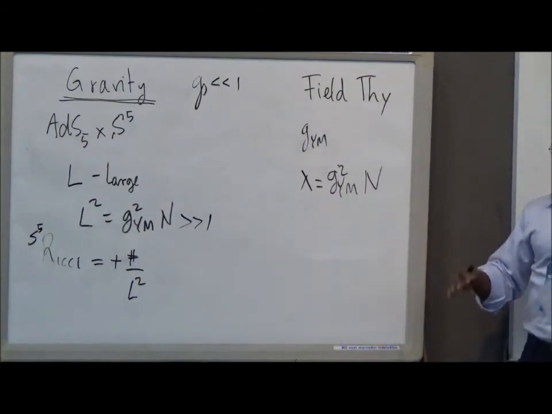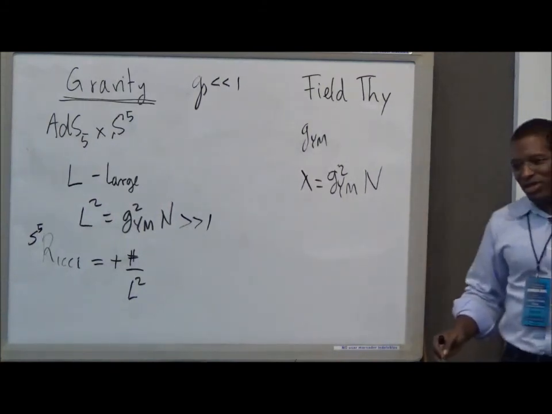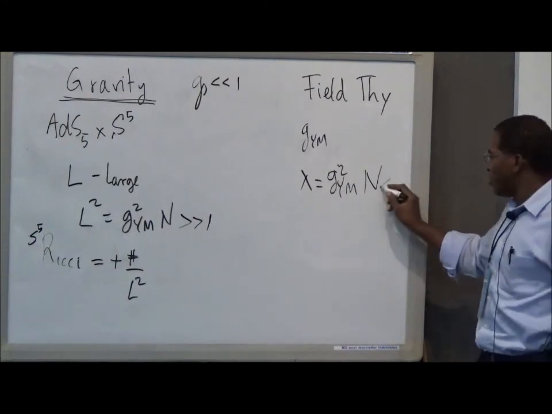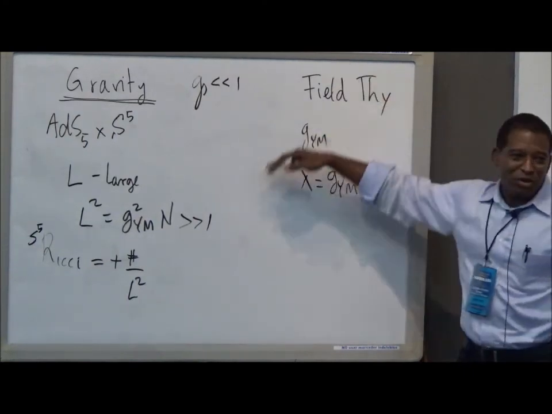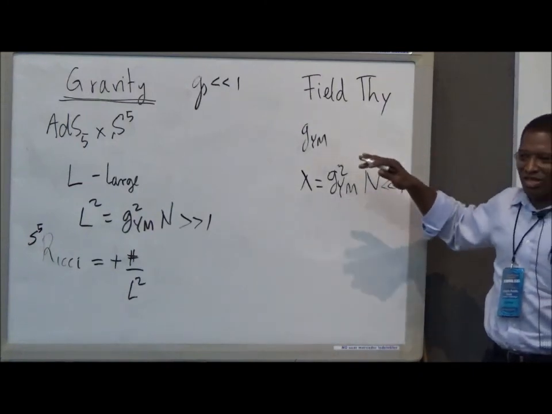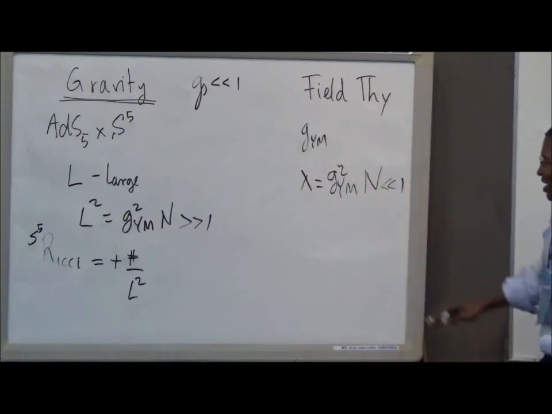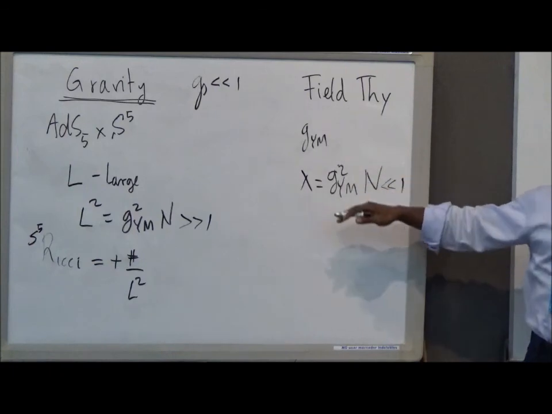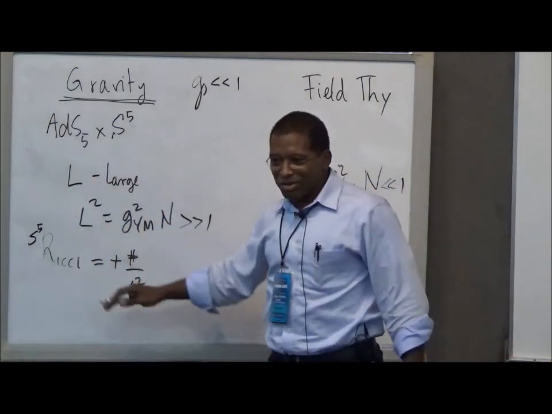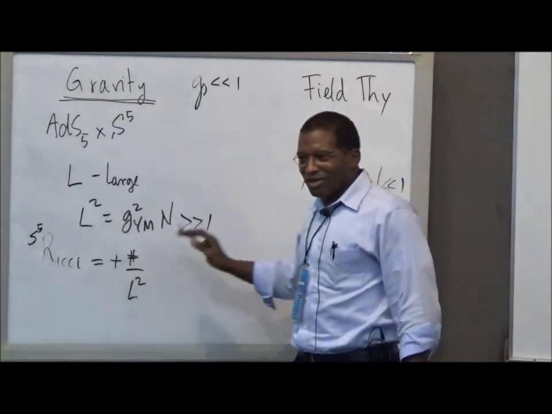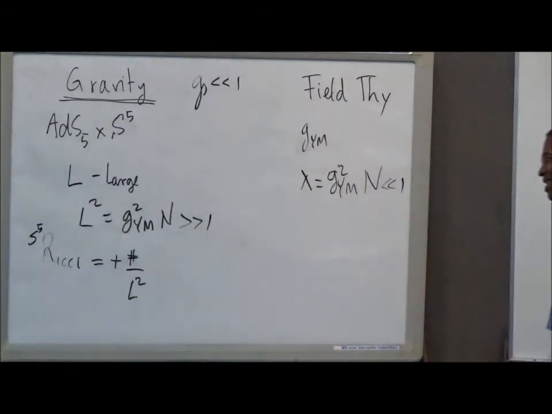So of course, if I want that to be a sensible description of the theory, this number has to be small. So field theory would be a very good tool to describe the physics that I'm interested in this regime of parameters, whereas gravity is going to be a good description in this regime of parameters.